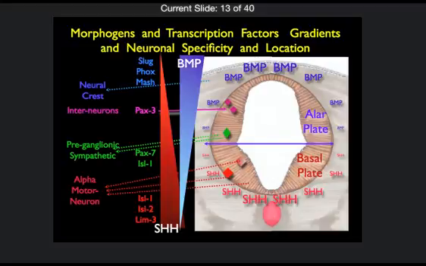So from ventral to dorsal, the sonic hedgehog concentration decreases. And BMP, bone morphogenic protein, and there's a series of isoforms, which I won't go through, is increased in the dorsal aspect, especially along the ectoderm, and then decreases in concentration.